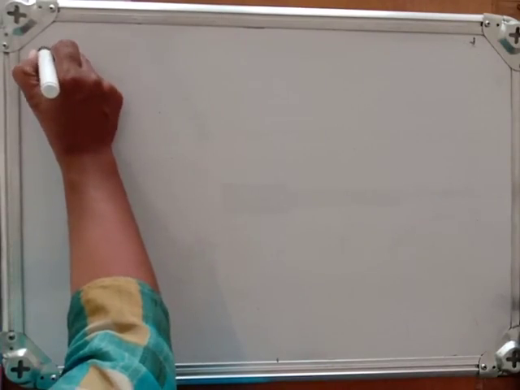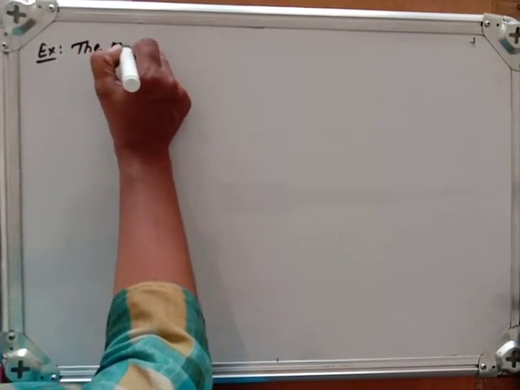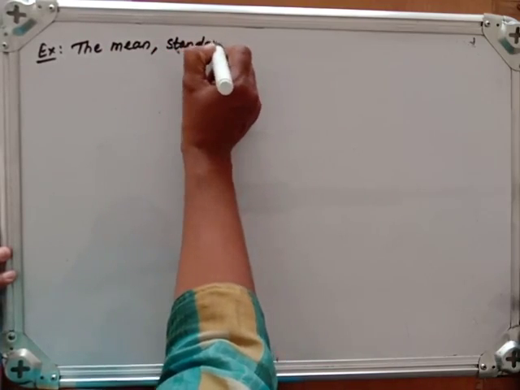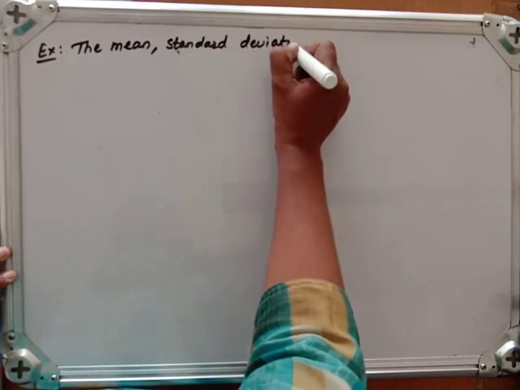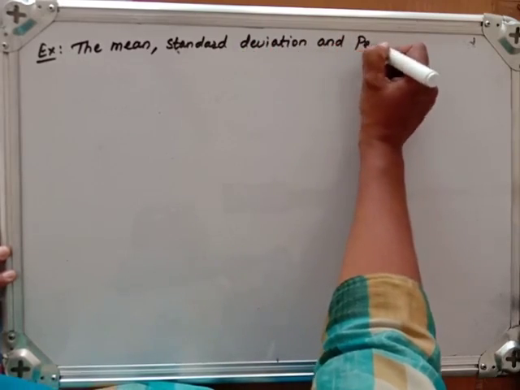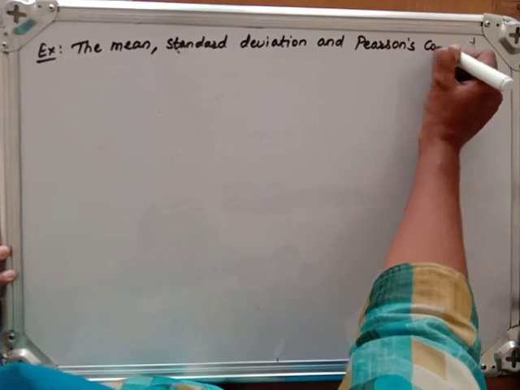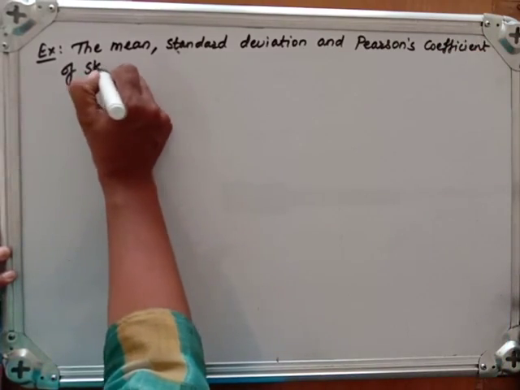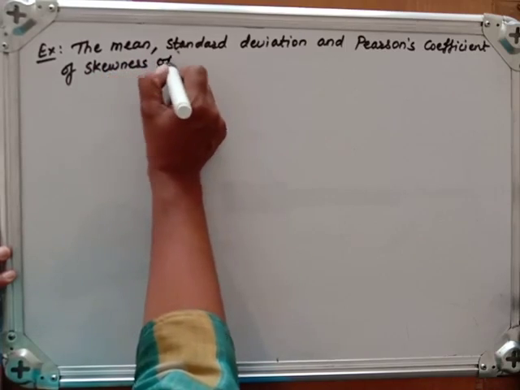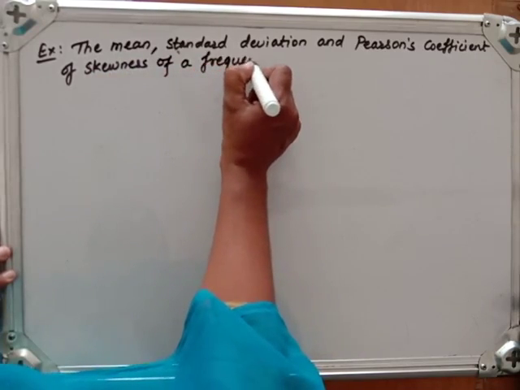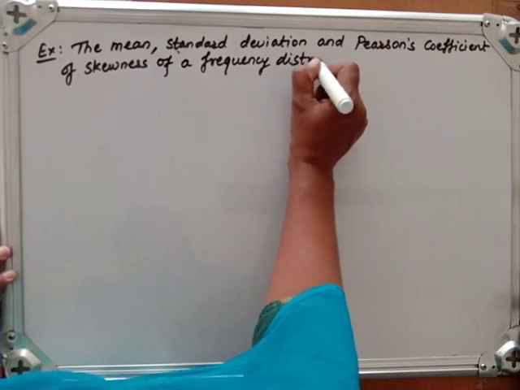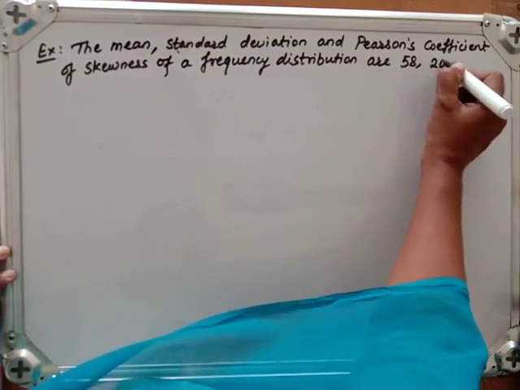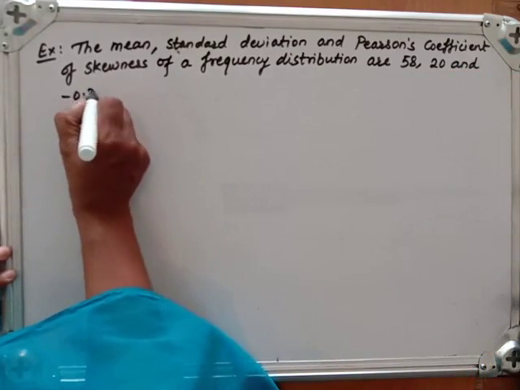The mean, standard deviation and Pearson's coefficient of skewness of a frequency distribution are 58, 20 and minus 0.32.